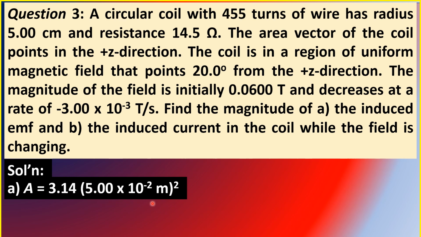We are given r equals 5.00 centimeters. So in meters, that is 5.00 times 10 to the negative 2 meters. Square that, multiply it by 3.14, we get the magnitude of the area vector, which is 7.85 times 10 to the negative 3 meter squared.